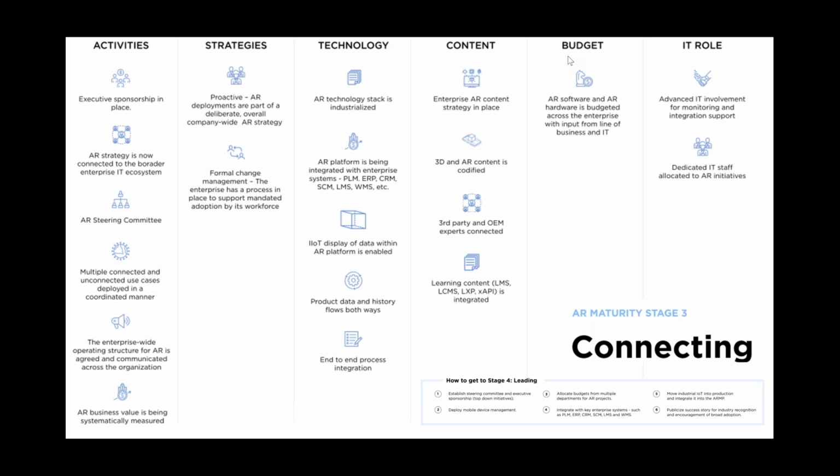So thinking about the end-to-end process integration, where a work order or a job might come in, how does it show up, once that job is completed, what needs to go back to that upstream system, if there's some data that needs to be shown about a particular equipment, if it's IoT data, all of that comes into play in this stage. So we typically spend a lot of time with customers here so that they get the maximum value of using the data that's already present in the system and connect it to their AR system of choice.